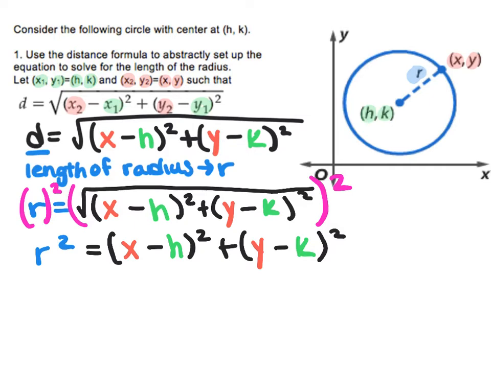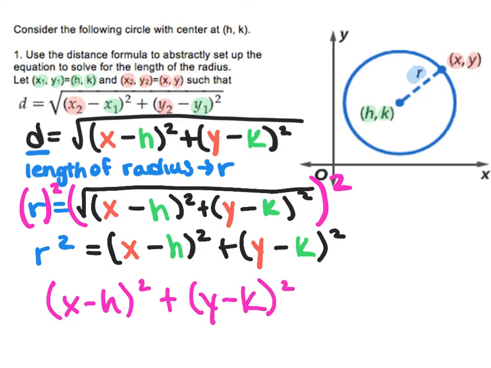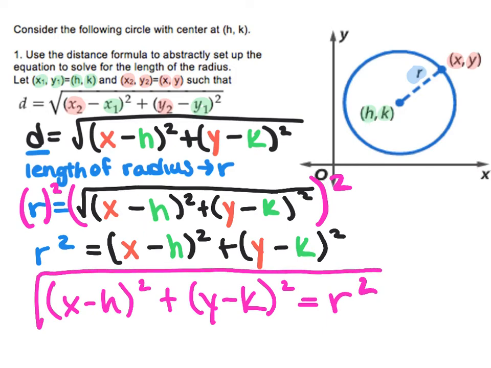And the last thing that's typically done is we just flip the order of the equation. So it's rewritten as x minus h squared plus y minus k squared equals r squared. And this is our standard form of the equation of a circle.